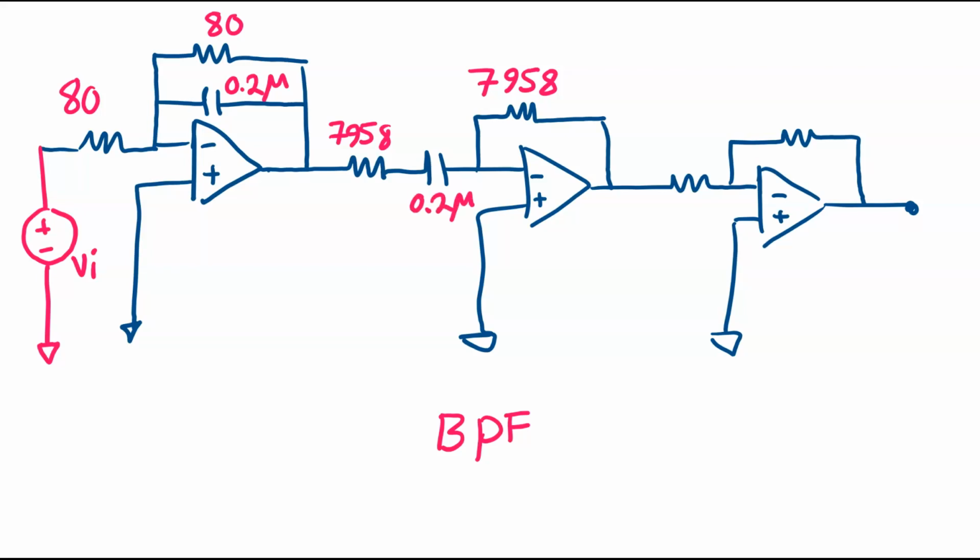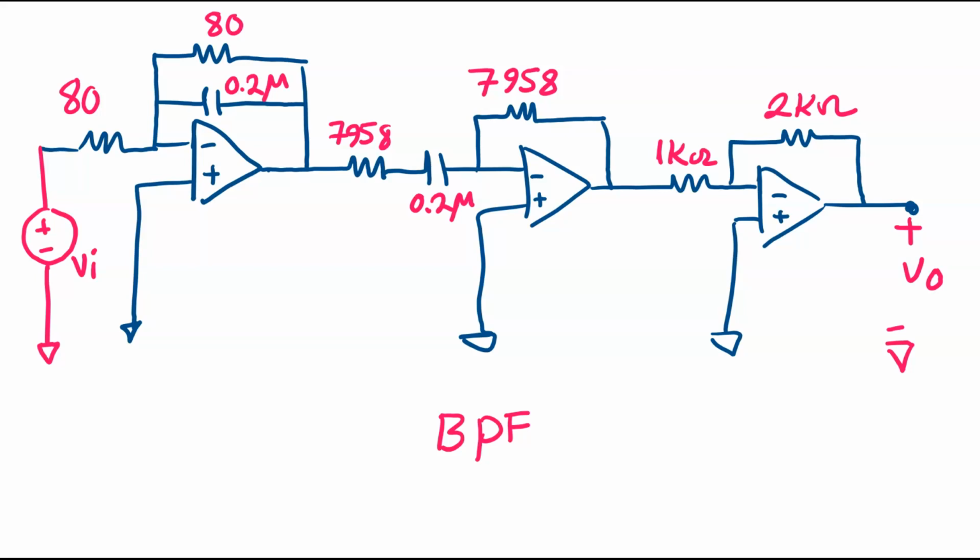And finally, for my inverting amplifier, I've chosen to have an input resistor equal to 1K and my feedback resistor to be 2 kilo ohm. And here is what I consider as my output voltage. So this is how the design of a broadband passband filter looks like.